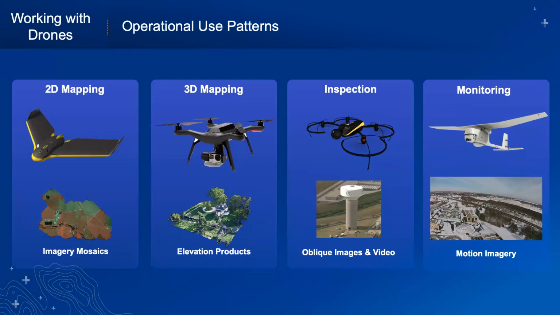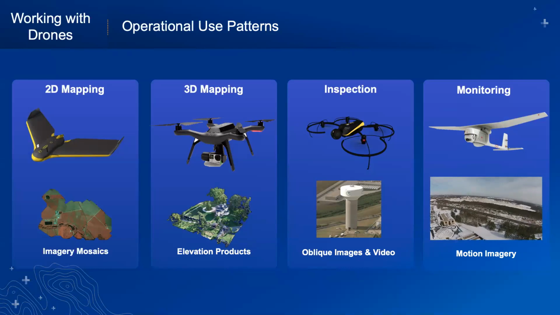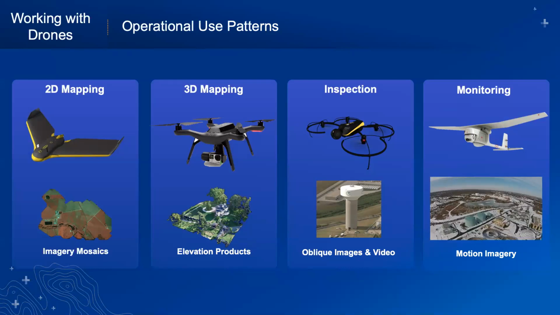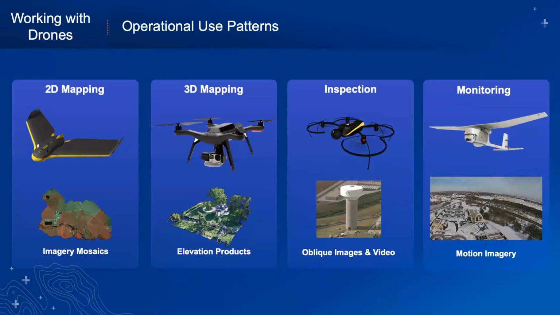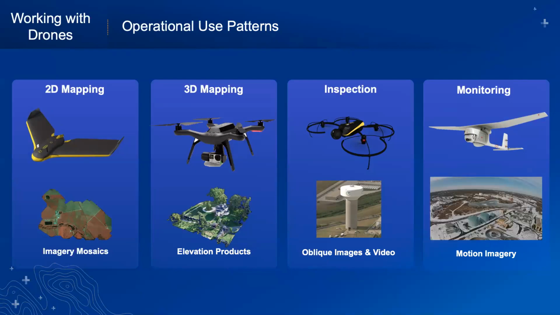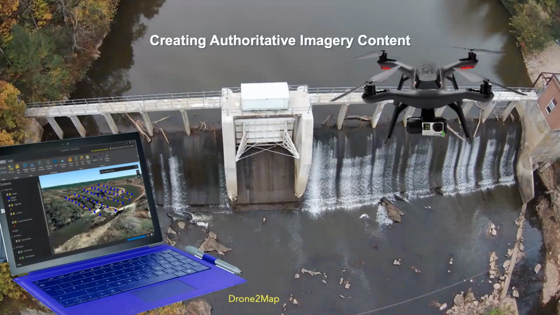The processing step is what I want to focus on for the remainder of this webinar, primarily through a software we call Drone2Map, which is used for creating authoritative imagery content, which for many of us is a primary goal of considering drone projects, creating an information product that we can use, for example, following a disaster.